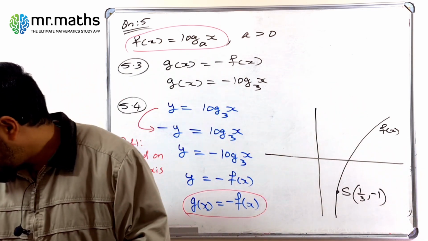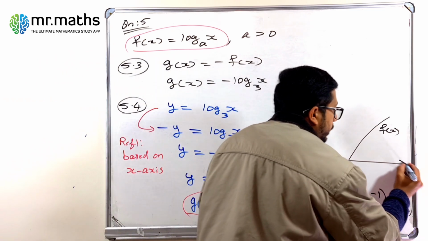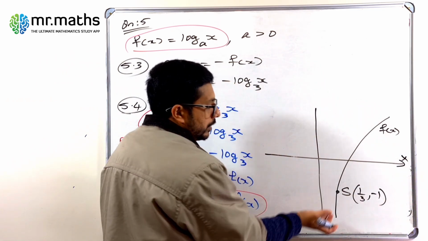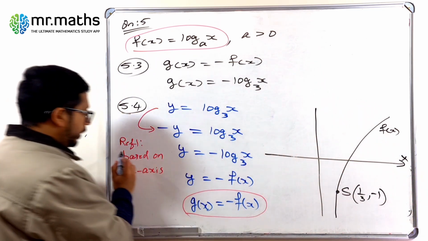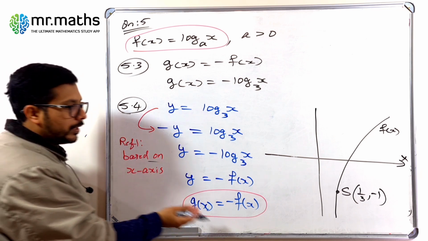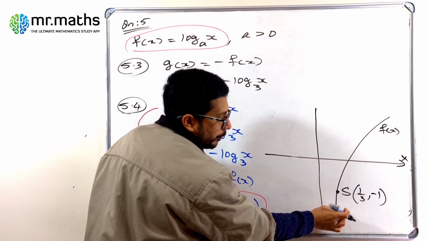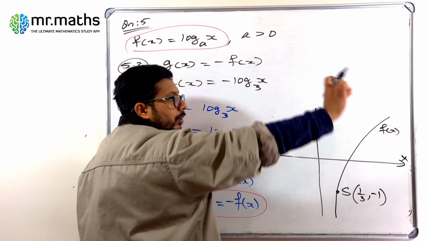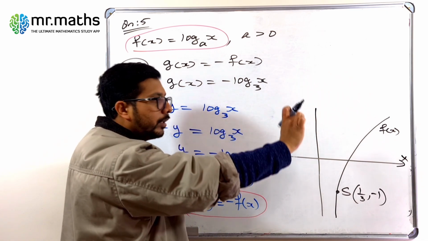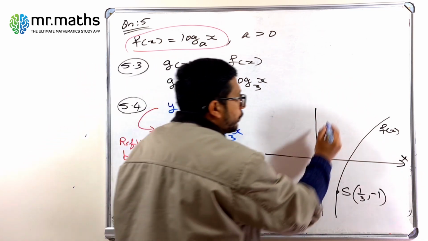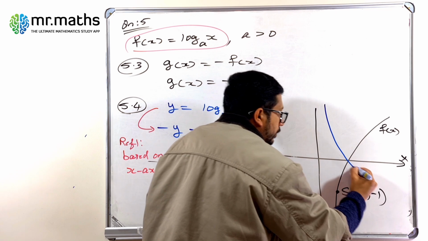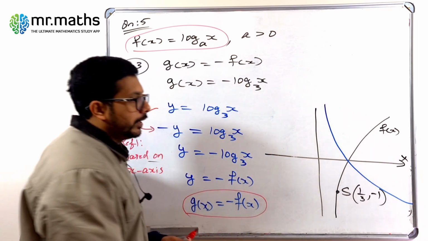So it's very important. This is the x axis, and this graph is reflected based on the x axis. Let me pick this one and put it like this, that is a reflection. Now the new graph is going to be something like this.